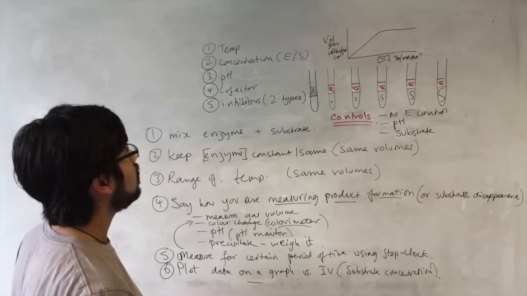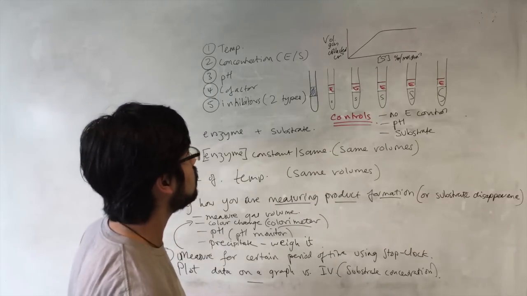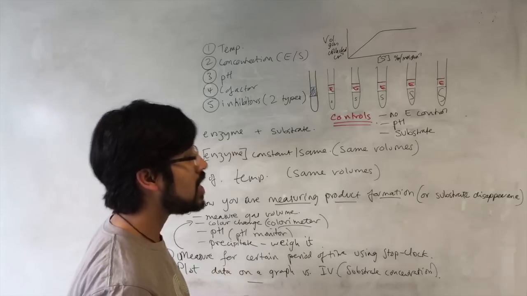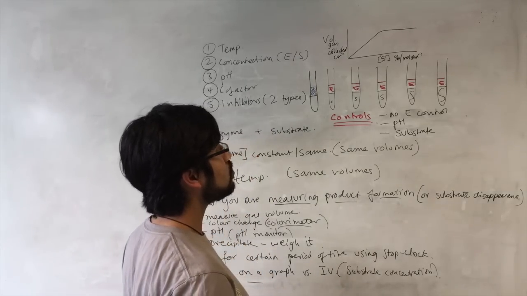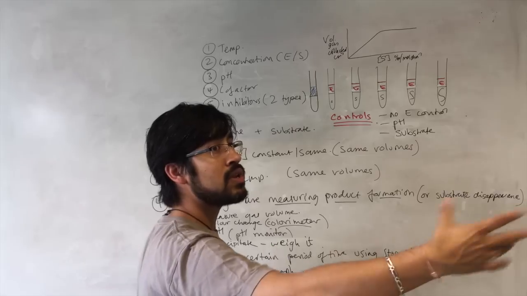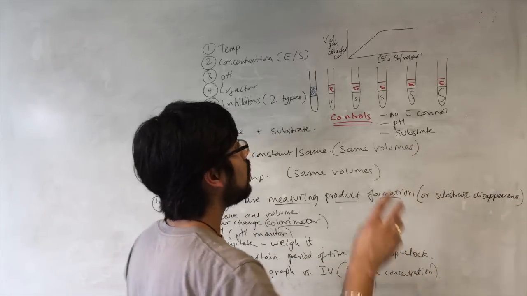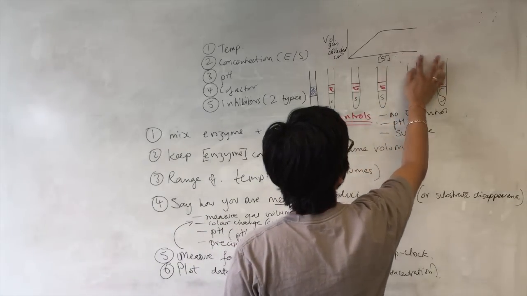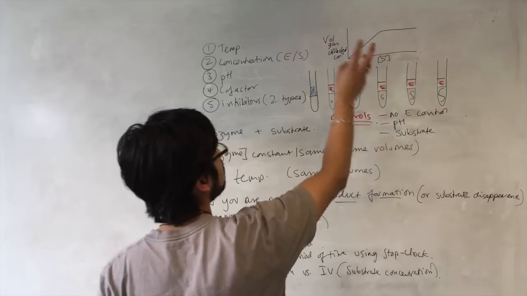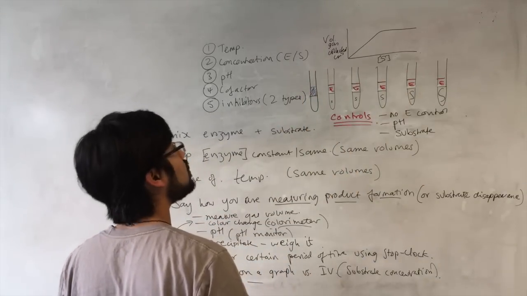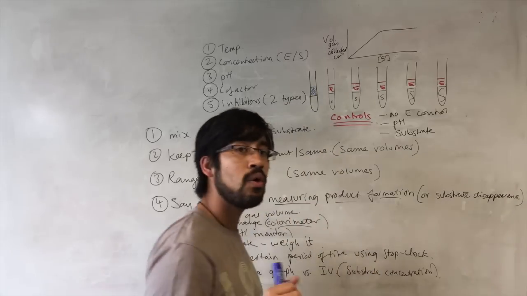Okay? Right. Now, one caveat to this is the inhibitor or the cofactor. When we're looking at inhibitors or cofactors, we don't just put a range of inhibitor concentrations or a range of cofactor concentrations, we need to make a graph of substrate concentrations versus product formed, and we've got to have a fixed concentration of inhibitor or cofactor.